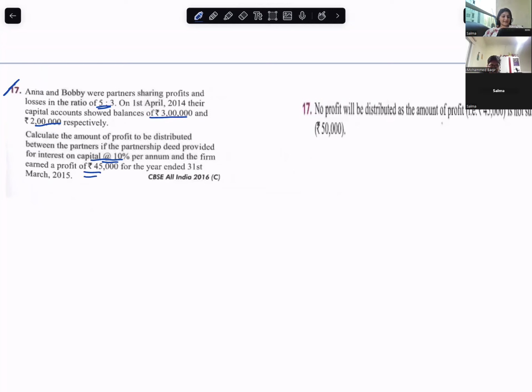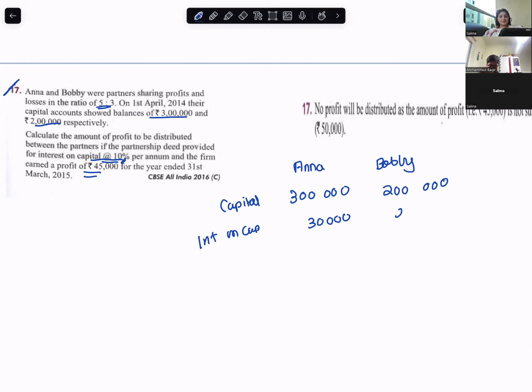Now understand one thing. If I give interest on capital at 10%, so I have Anna and Bobby. What is the capital amount? 300,000 and 200,000. If I give them interest on capital at 10%, this would be 30,000 and 20,000.